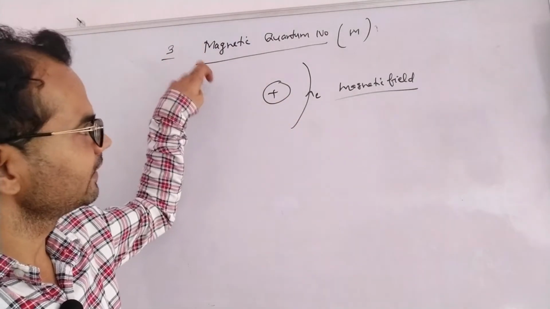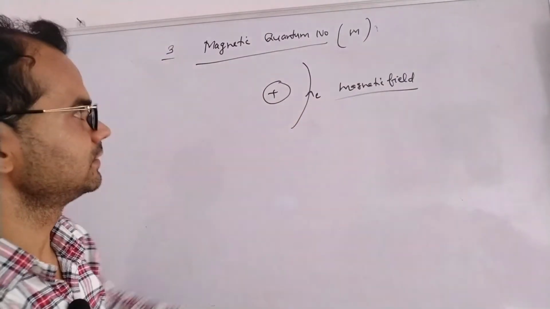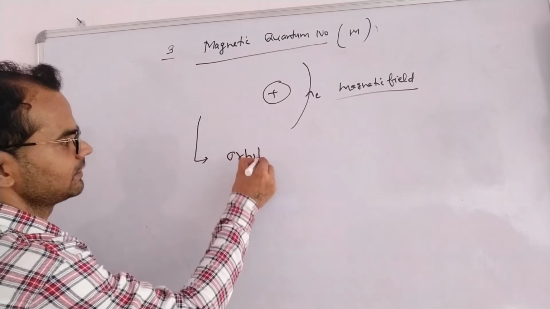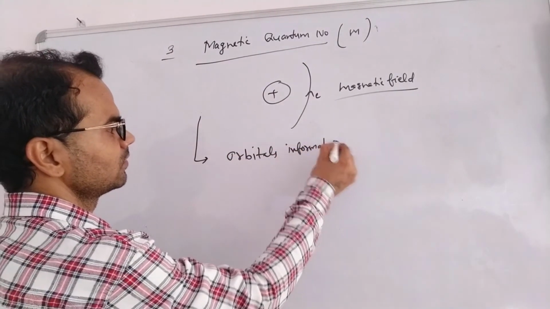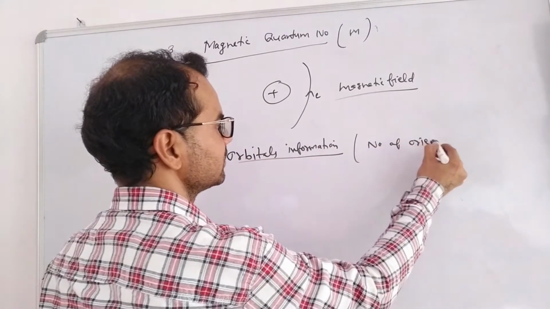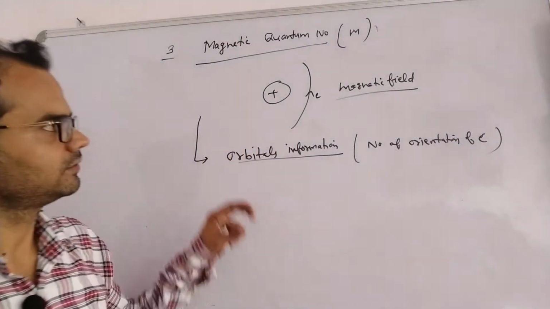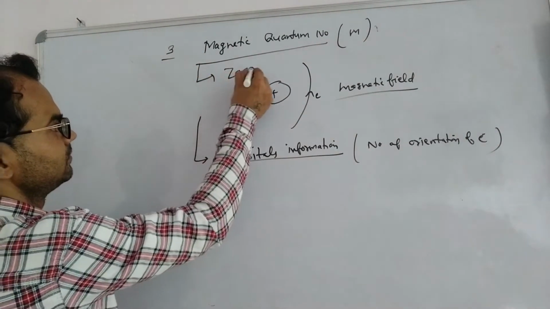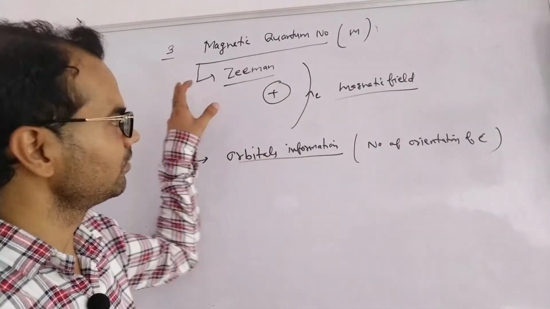So this magnetic quantum number describes the magnetic behavior, or it gives us the orbital information. Orbital information means the number of orientations of electrons, and it was given by Zeeman, who discovered the Zeeman effect.